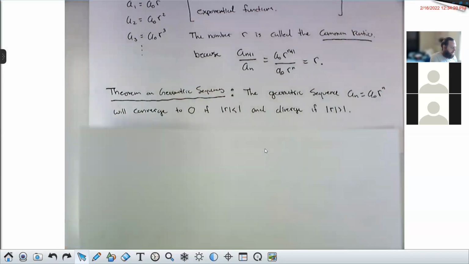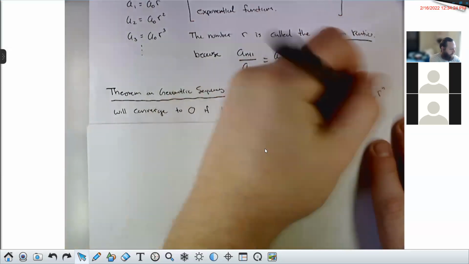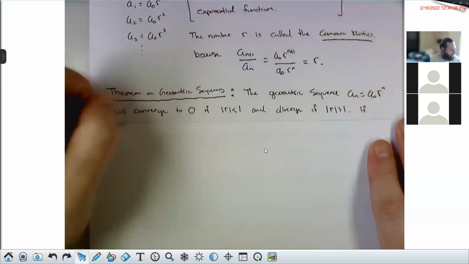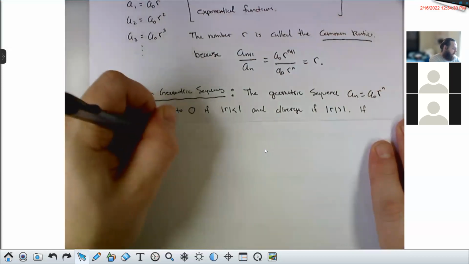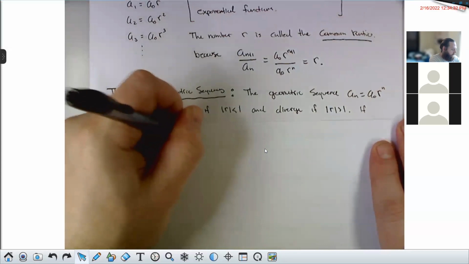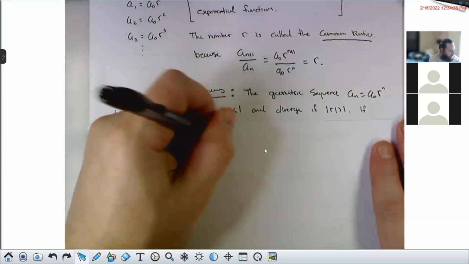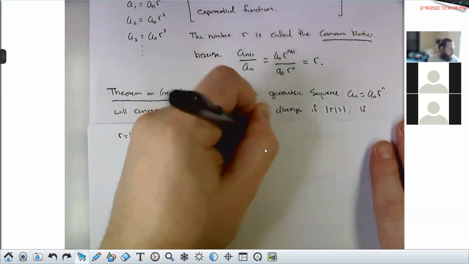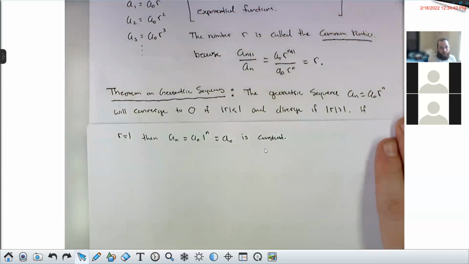You might wonder what happens if r is positive 1 or negative 1. If r is equal to 1, then a_n equals a0 times 1 to the n, which is just constant. So that would technically be a convergent sequence.